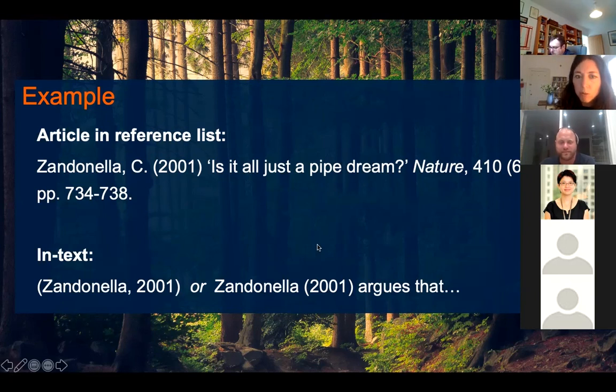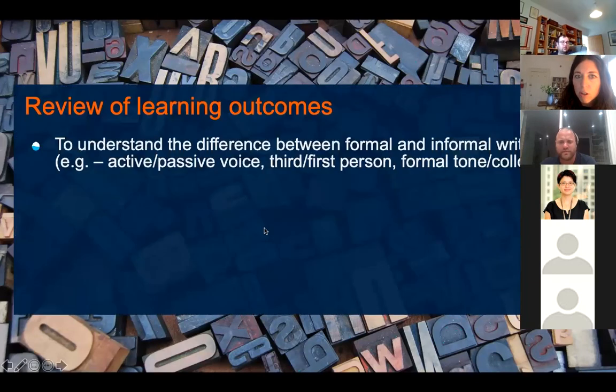I think I'm almost finished at this stage. I'm going to review the learning outcomes and I'll answer any final questions. So basically our outcomes were to understand the difference between formal and informal writing. So active, passive voice, third, first person, formal tone, colloquial, which hopefully you do at this stage.